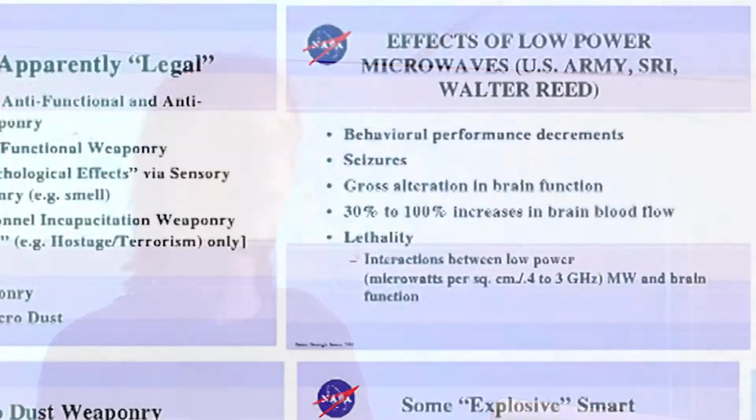Microwave is used for mobile phones, it's used for smart meters, it's used for wireless LAN connections, and we're surrounded by microwaves, and they enter our body, and we think this is just a side effect of technical applications. But NASA classifies the microwave as a non-lethal weapon that is apparently legal.